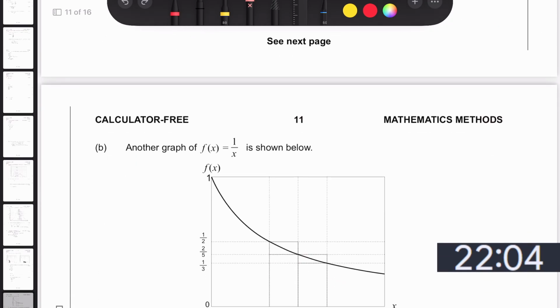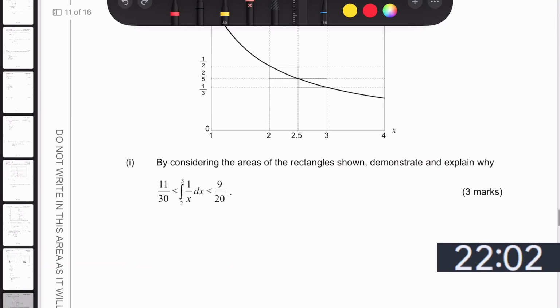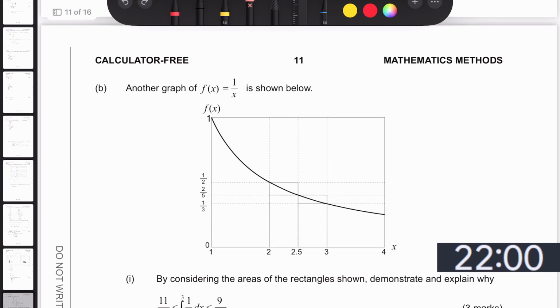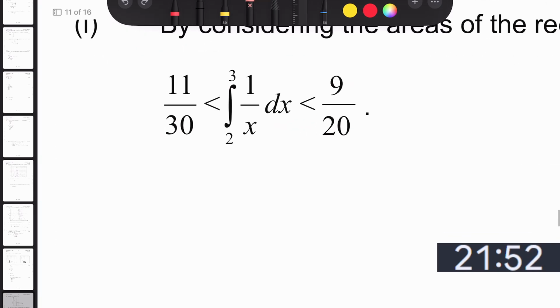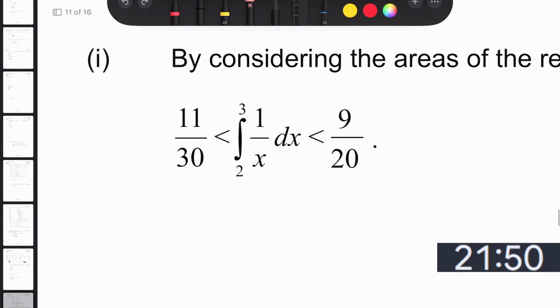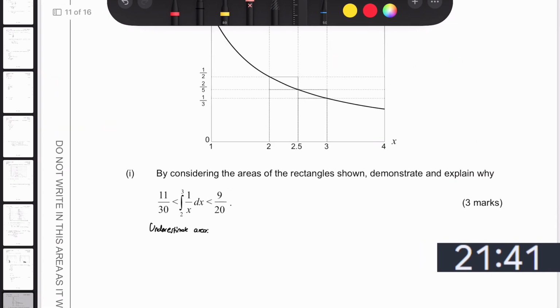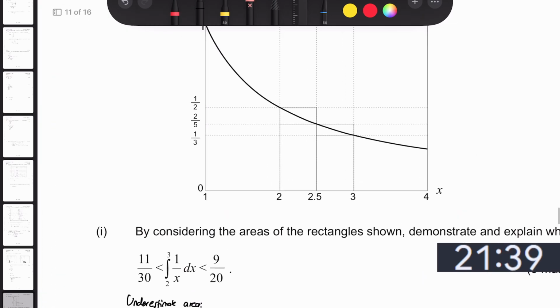Another graph is shown below. Is this the end? Well, this is the end. Okay. But considering the areas, oh my god. Okay, well, here we go. Let's do an underestimate area. So we'll go from, how big are these?